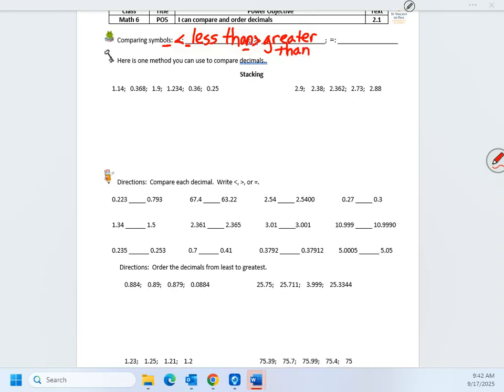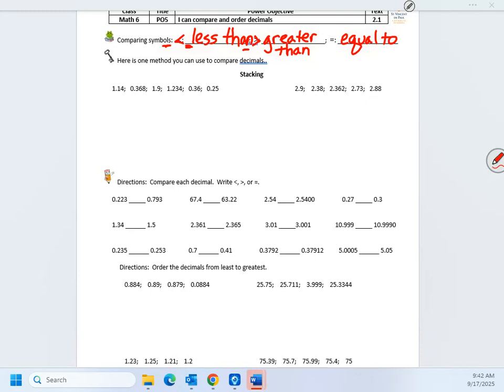I like to think of the open side as the mouth of an alligator gobbling up the bigger amount. The alligator wants to eat the bigger number, so it always opens up to the bigger number. Here the bigger number's to the right, so that one is less than. Here it's gobbling to the left. And this symbol we know means equal to.